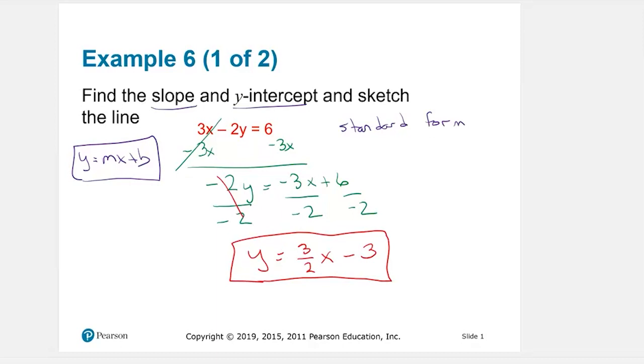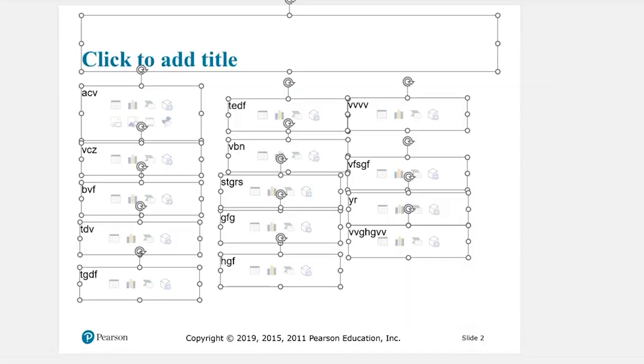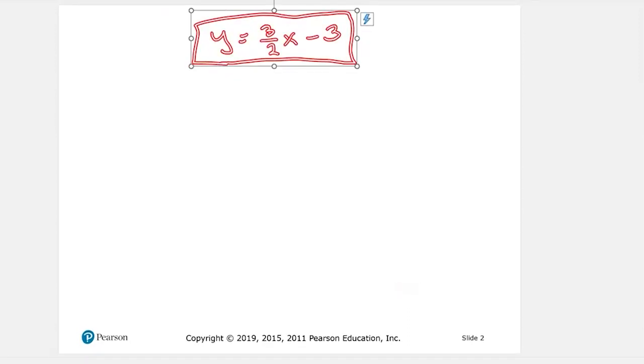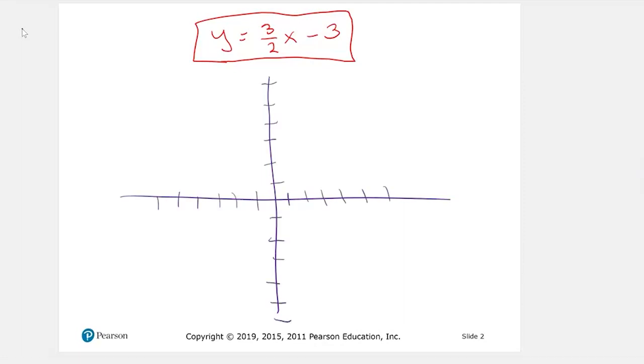Now, I know many of you just make tables, and if that's how you want to do it, it's okay, but hopefully I'll show you an easier way to graph this. And then here's how I would graph it if this was my problem. So first you'll have a graph to graph it on.